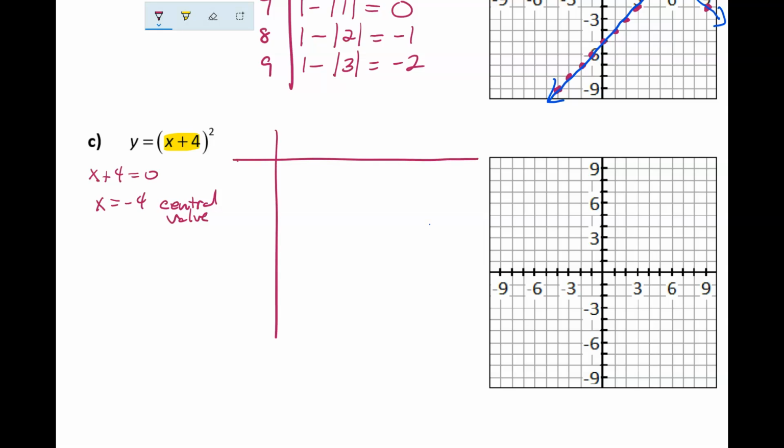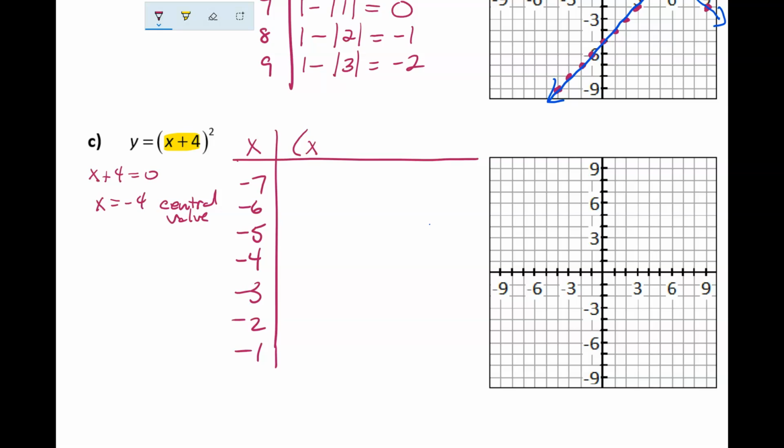So let's make a table. And I'm going to put negative 4 in the center. We'll need negative 5, negative 6, negative 7. Let's try that. And then negative 3, negative 2, negative 1. We'll see if that gives us enough points.